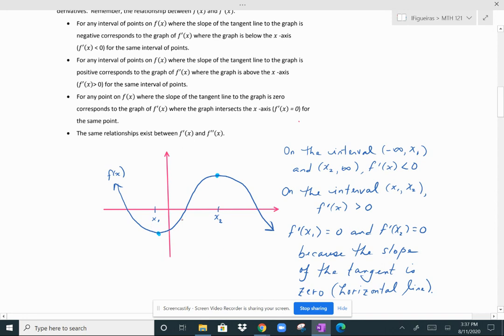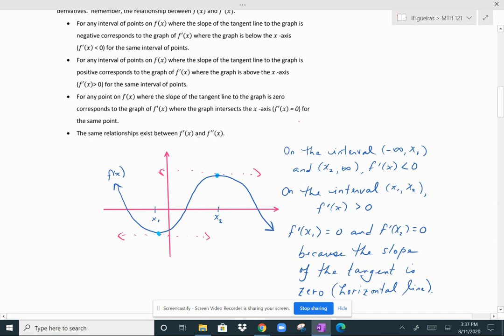And at those 2 points, a tangent line would be horizontal at those 2 points. And horizontal lines have slopes that are equal to 0. So anything before x sub 1, I have a different relationship in terms of slope. Between x sub 1 and x sub 2, there's a different relationship, and then there's a different relationship after x sub 2.